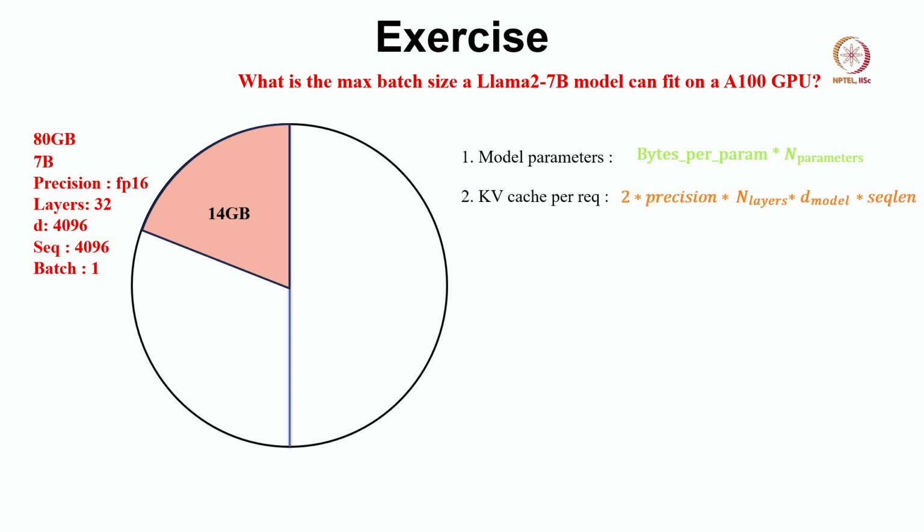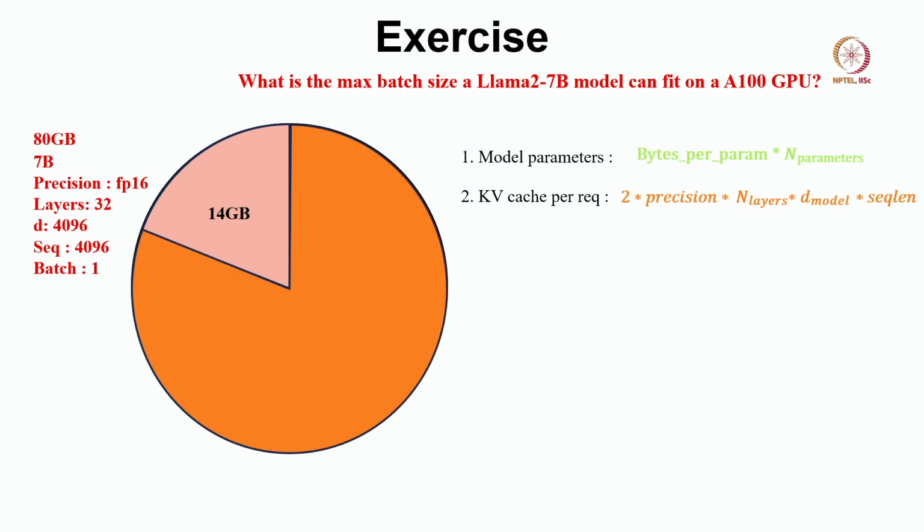When we say one batch, we are assuming that the batch size is 1, so in one batch there is only one request. We already have seen that KV cache per request can be expressed as 2 multiplied by precision multiplied by number of layers multiplied by d_model multiplied by sequence length.